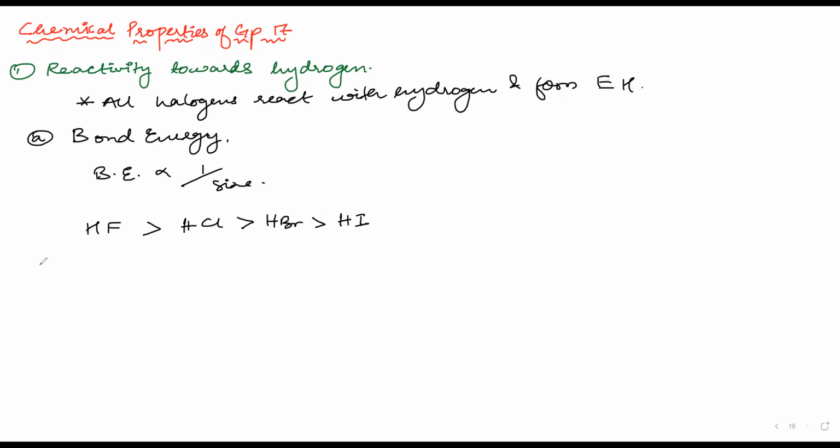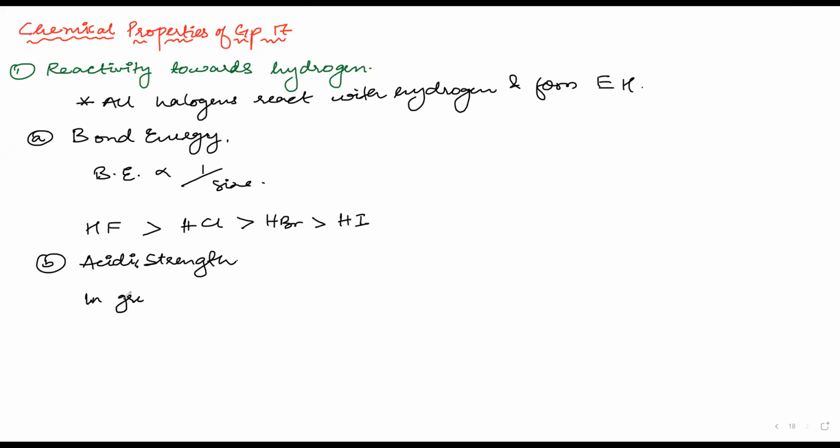Now part B is acidic strength. We have seen the acidic strength, right? What happens in a group? It's a hydra acid. In group 15, we have learned about the acidic strength of hydra acid.